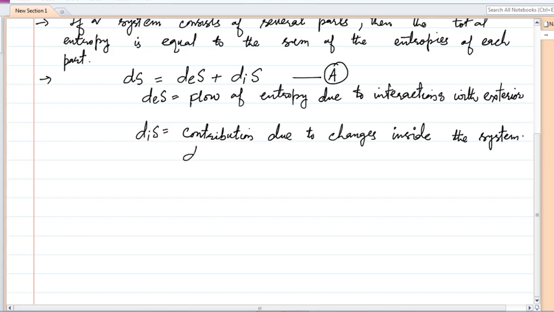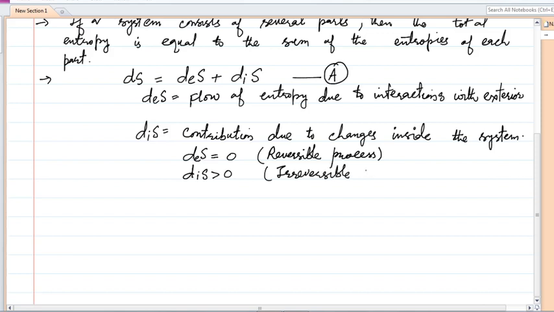And we also know that deS is equal to 0 for a reversible process, and diS is greater than 0 for an irreversible process.